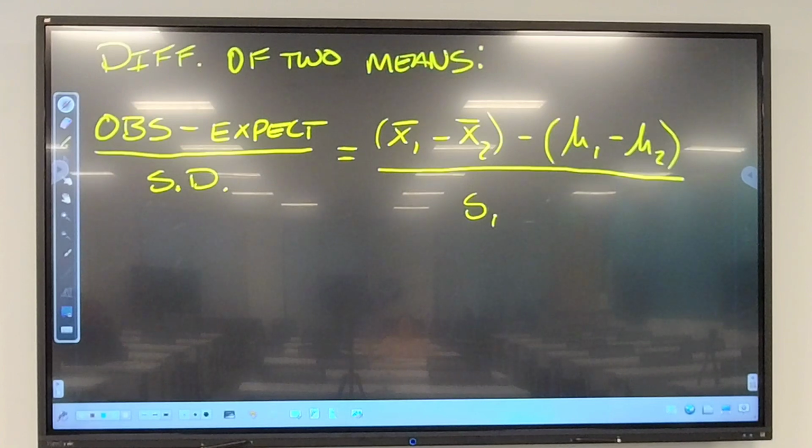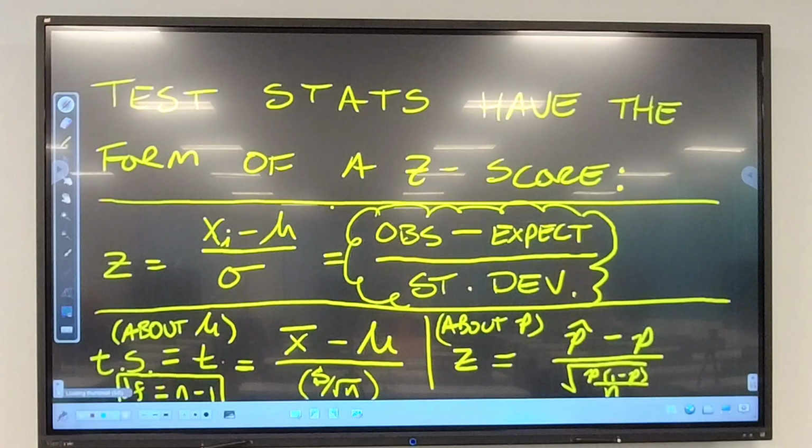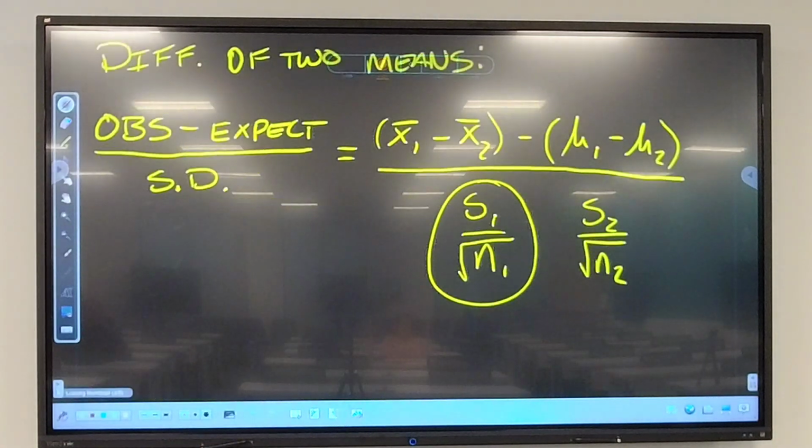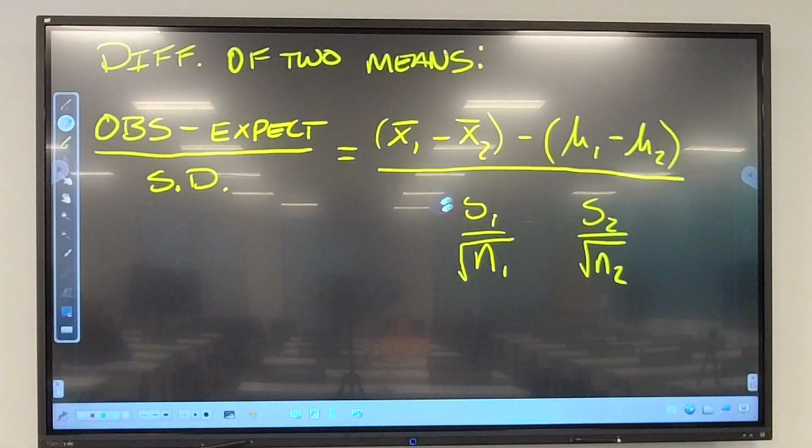So I'm going to have an S1 over square root of N1. I'm going to have an S2, don't write this yet, over square root of N2. It would have looked just like that. That's what we had right down here, S over root N. But I've got 2 of them now, so I've got to do something that is like an average.